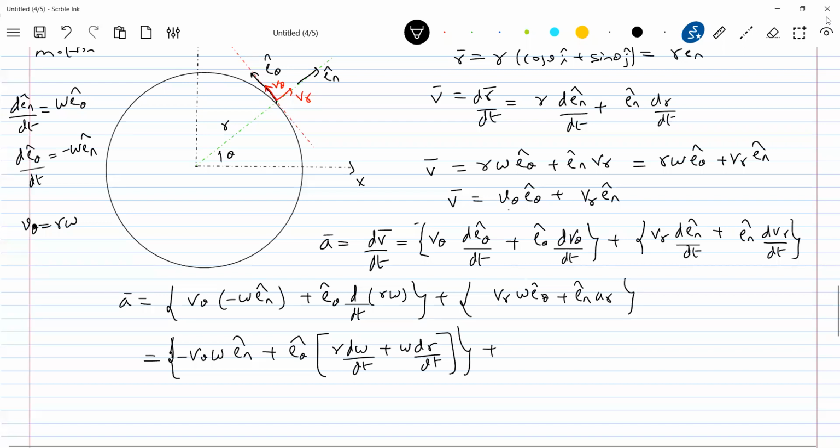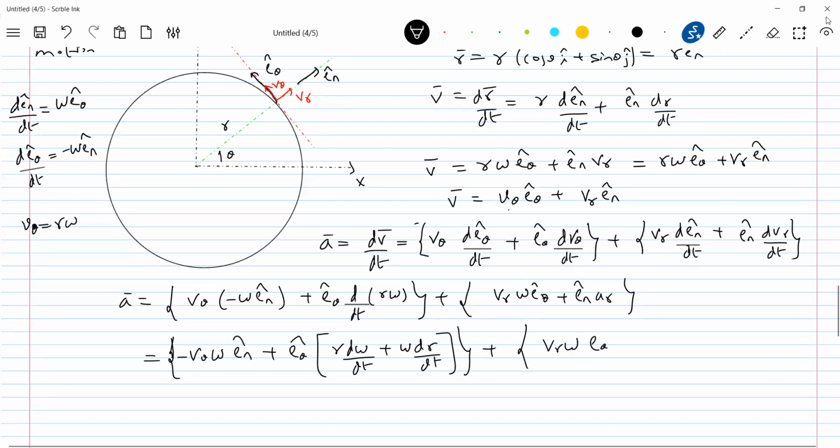Derivative of this we have to do. den cap by dt, what we got? Omega e theta cap, no? Yeah, fine. So the bracket as it is, I'll keep it.